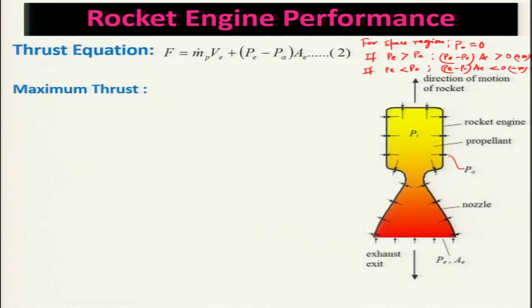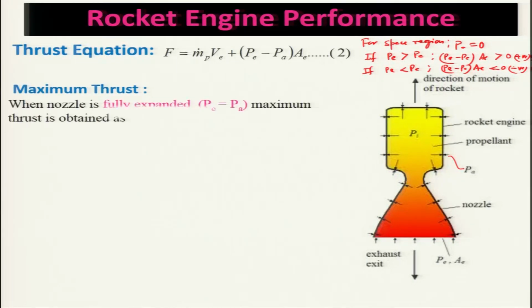Keep in mind that the maximum thrust can only take place when the nozzle is fully expanded, that is P E is equal to P A, and thus the maximum thrust is obtained as F max equal to m dot P into V E. This is a very important expression you should keep in mind.